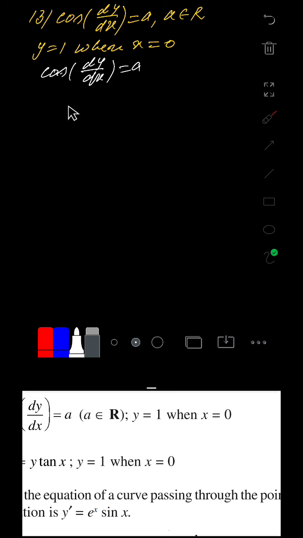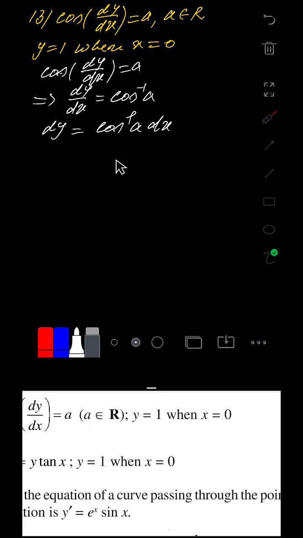Transposing cos to that side, it implies that dy upon dx is equal to cos inverse a. Transposing dx to that side, we get dy is equal to cos inverse a dx, and now it is variable separable form, so integrating both sides.